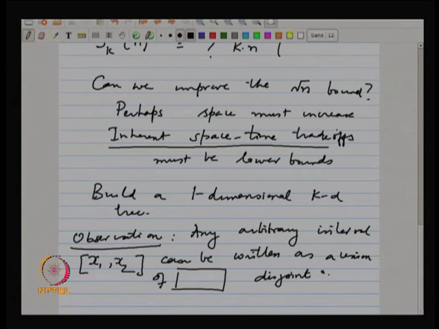So, I will just mention this as canonical intervals. Okay. So, what is this figure? 2 log n, great.